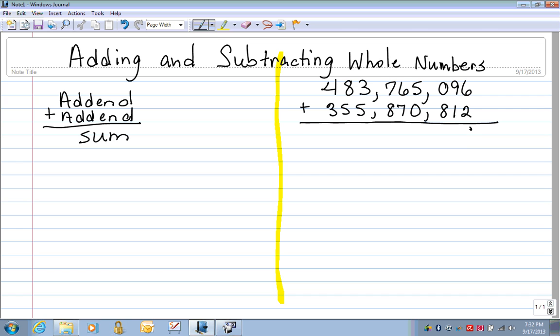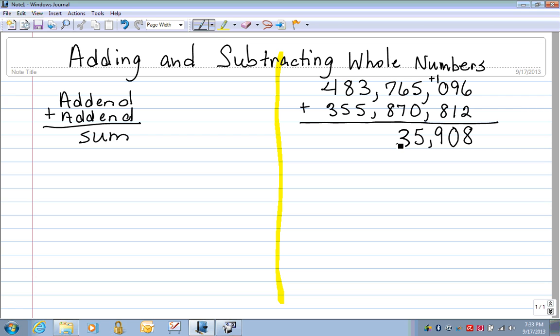6 plus 2 is 8. 9 plus 1 is 10. So in a base 10 system, I would put my 0 and then add my 1 to the next place value. 1 plus 8 is 9. Put your comma. 5 plus 0 is 5. 6 plus 7 is 13.